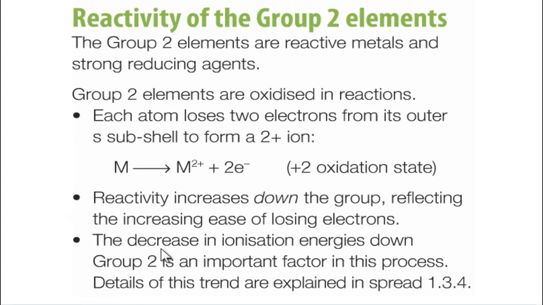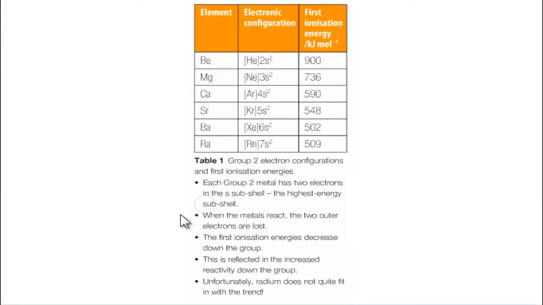The decrease in ionization energies down group 2 is an important factor in this process, so we're going to look at that later. If we look at the electron configuration and their first ionization energies, they are gradually decreasing as we're going down the group. So each group 2 metal has lost 2 electrons from the S subshell, the highest energy level subshell.